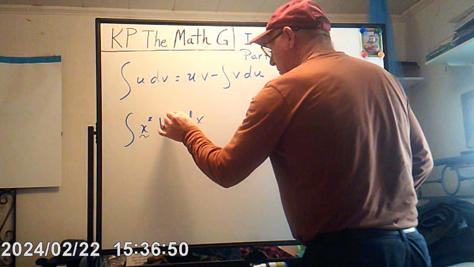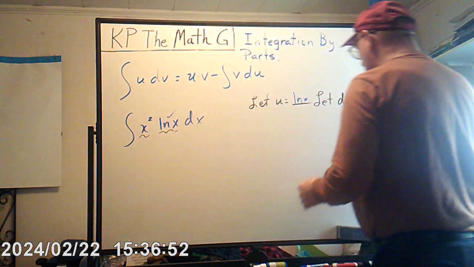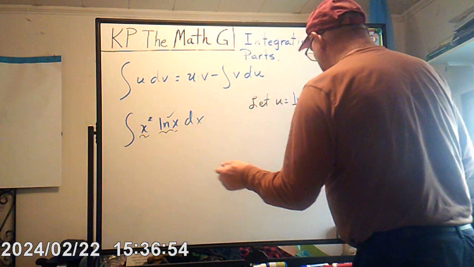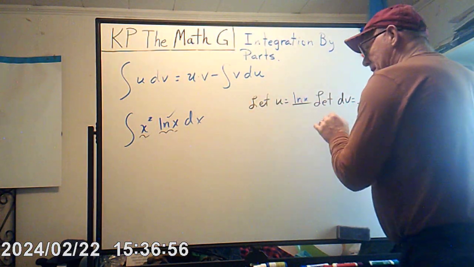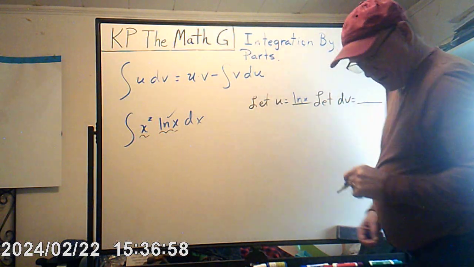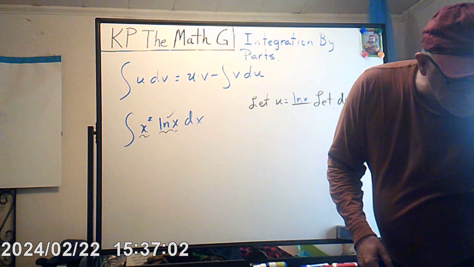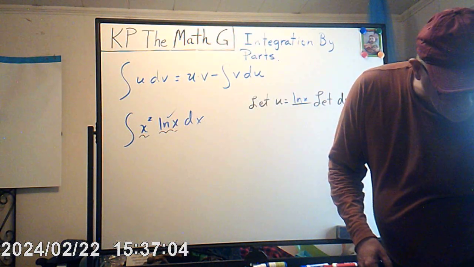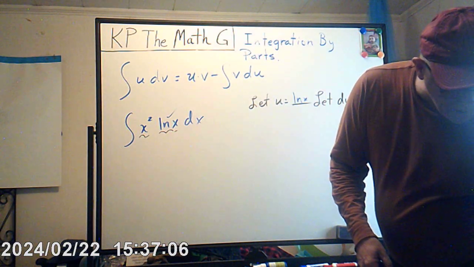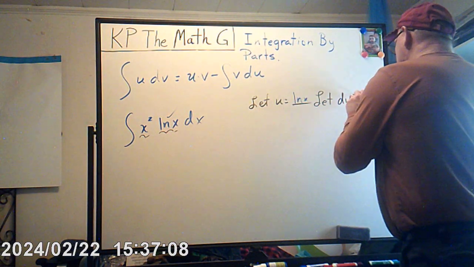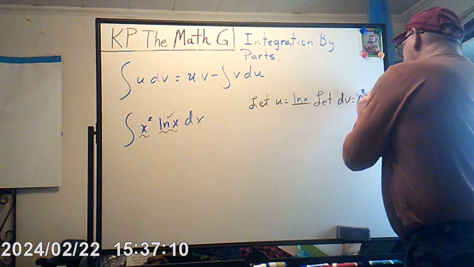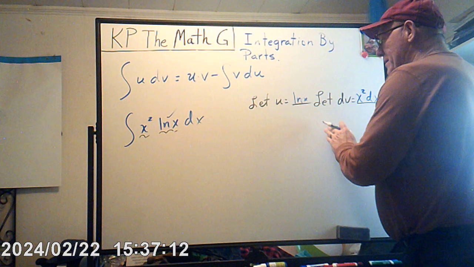Alright, we have to account for everything. I want dv to be x squared dx. So that's what we're doing.